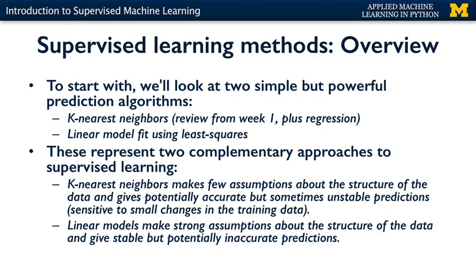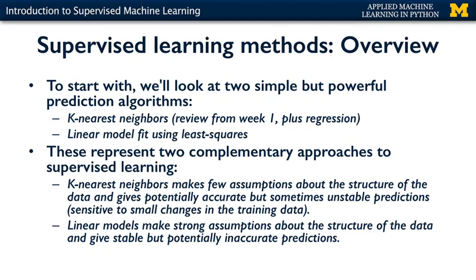And by unstable, I mean that it can be sensitive to small changes in the training data. On the other hand, linear models make strong assumptions about the structure of the data. In other words, that the target value can be predicted just using a weighted sum of the input variables, a linear function. It can give stable but potentially inaccurate predictions.